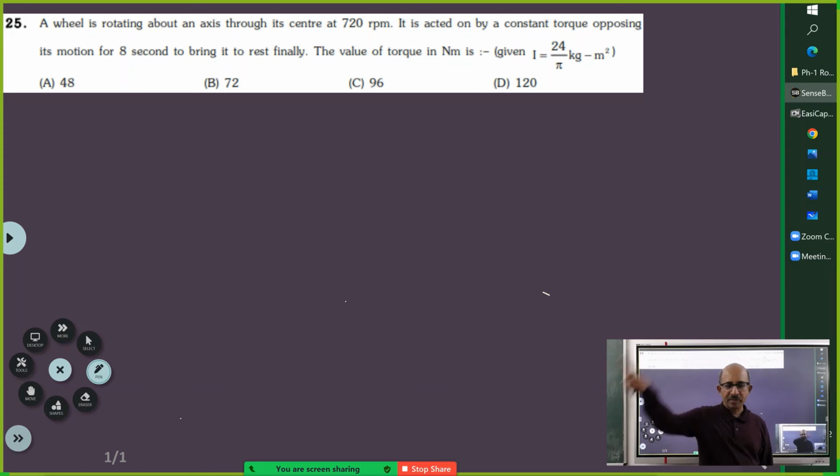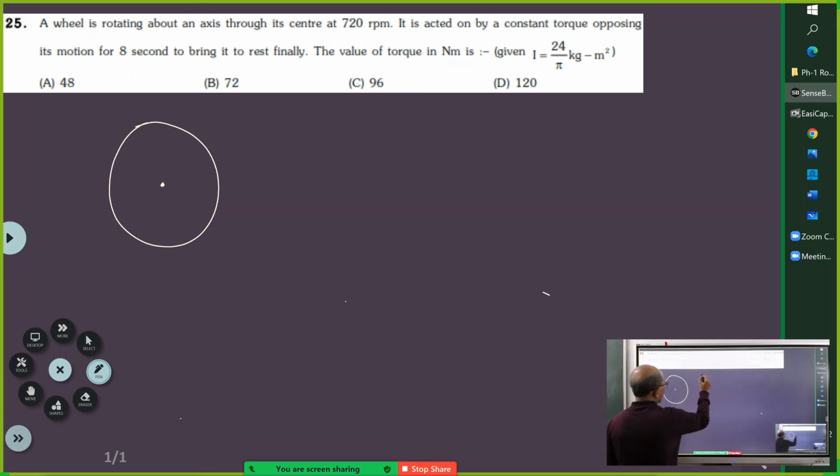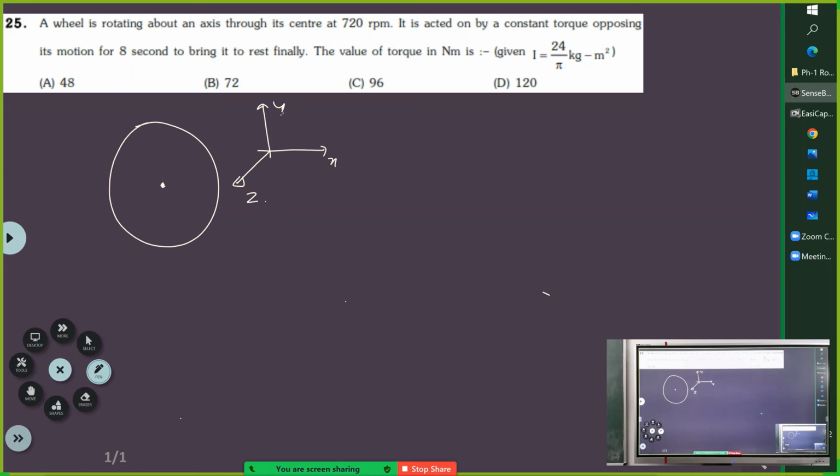So you can imagine a wheel is rotating, there is an axis. So this wheel is rotating at some omega.